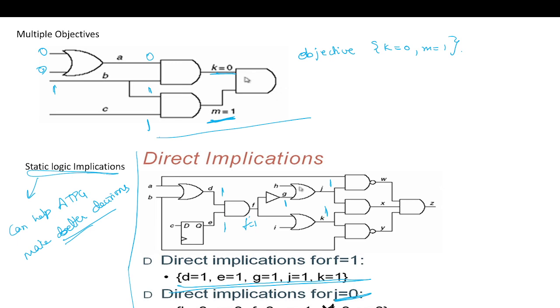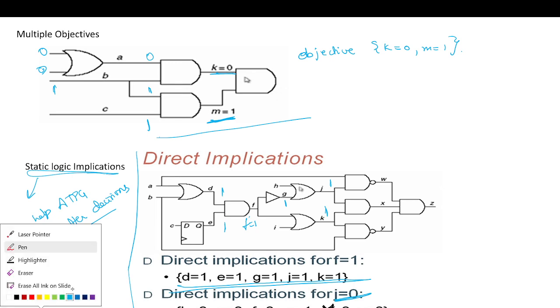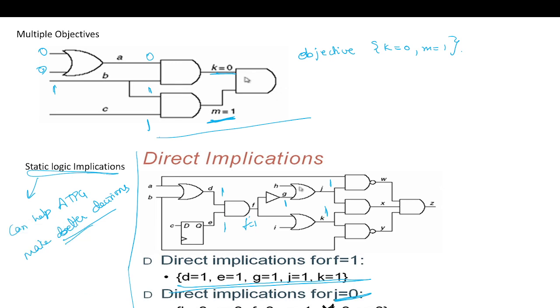Similarly, if we have J equal to 0, the implications directly imply G and H should be 0. Which means F is 0, which means W is 0.